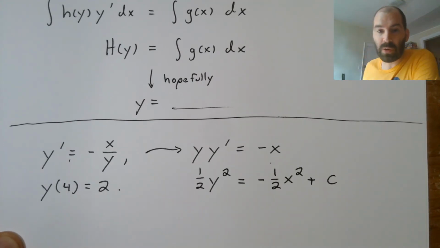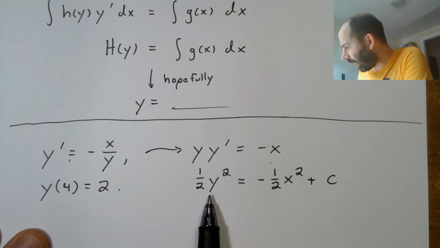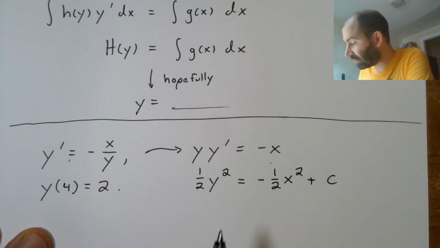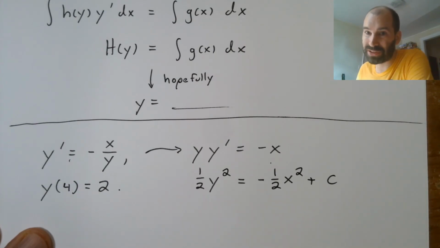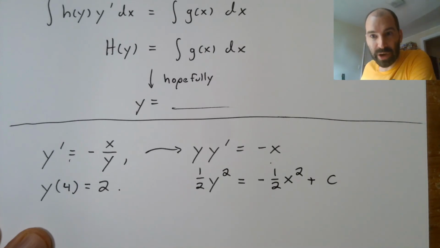Okay, so let's see here. Now, I could go ahead and solve this for y, but I think there's maybe a more clever thing we could do here. Since I know the solution is a circle, I know that the standard form of a circle is y squared plus x squared equals r squared. So why don't we just put it in that form, and then we'll know it's a circle.